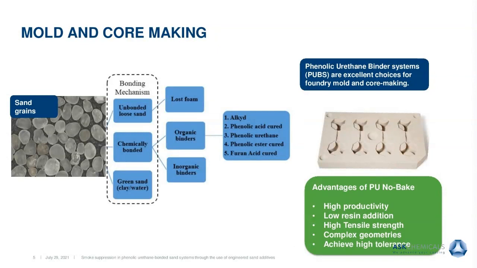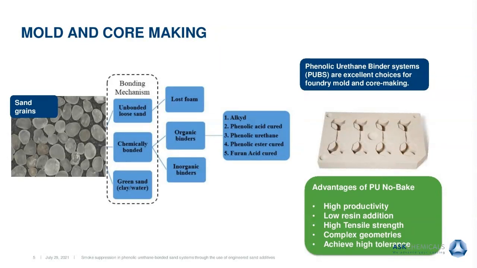In general, phenolic urethane binder systems are an excellent choice for foundry mold and core making, as you're probably familiar with them. I'm going to mention some of the advantages of the phenolic urethane. We have the high productivity you can accomplish. The resin can be used at low addition levels, and at the same time, you can accomplish very high tensile strength.